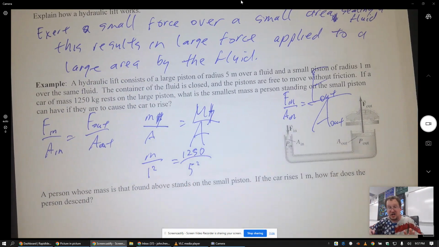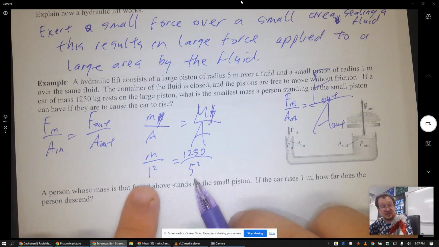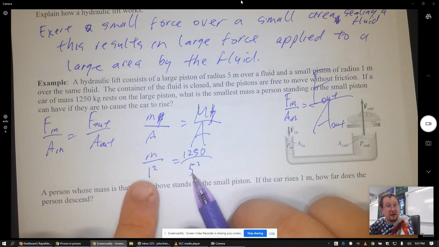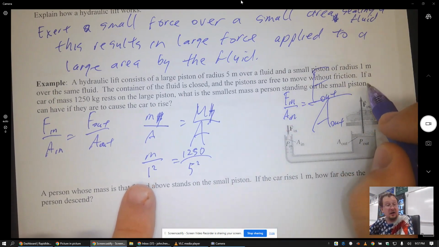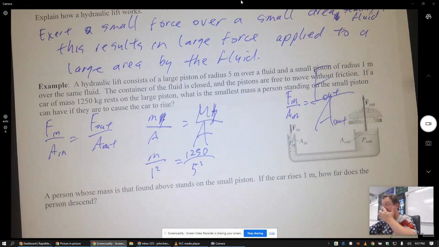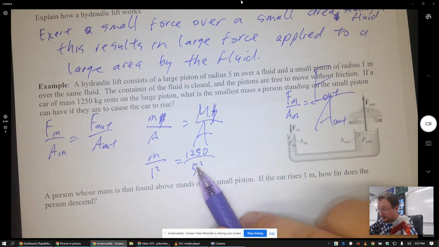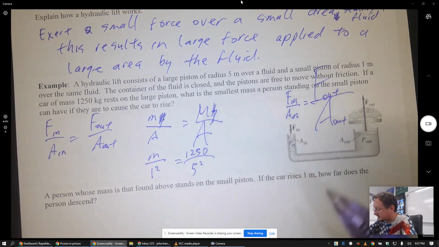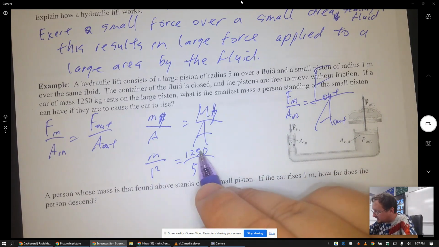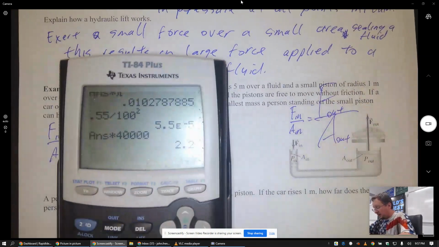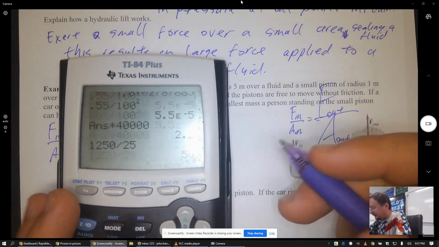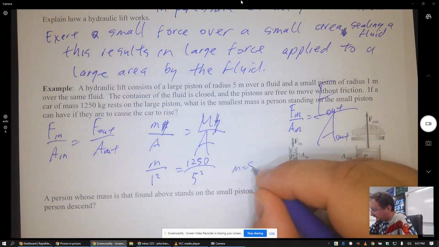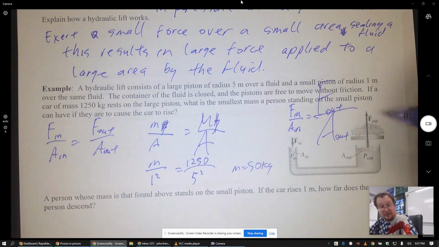In any ratio, area can just be length squared, as long as the two areas are similar, like a circle is similar to every other circle. So the pi's cancel out, any unit conversions cancel out, and you just get m over 1 equals 1250 over 25. So 1250 over 25 is 50 kilograms. So a 50 kilogram person could lift up this car.